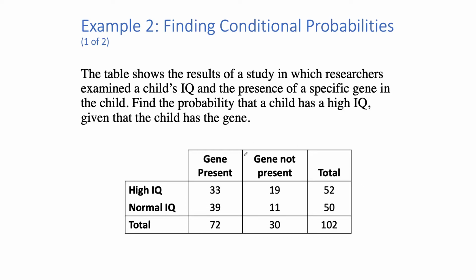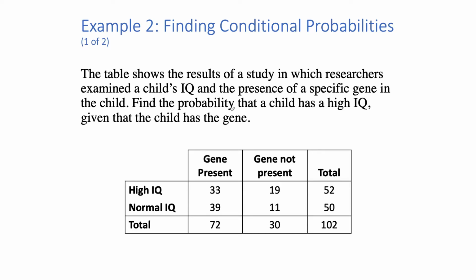Okay, so we have data on the presence of this gene in children and that being correlated with higher normal IQs, right? So we have a basic sample of children. There's 102 children in the sample, and this is the split, right?